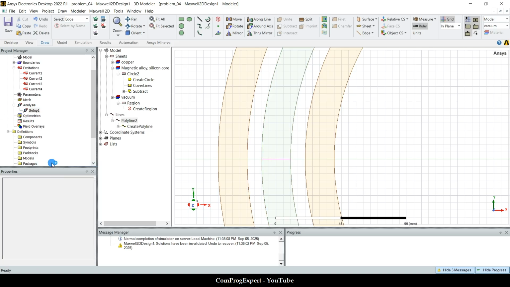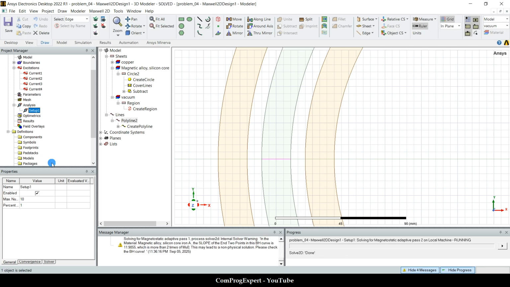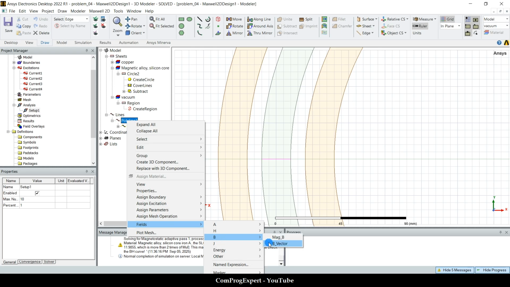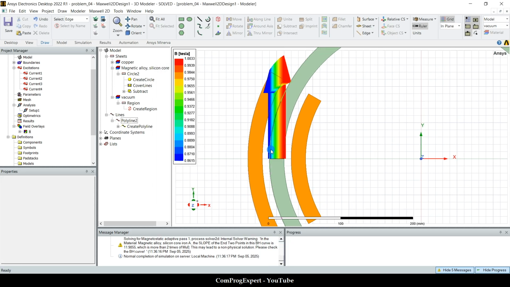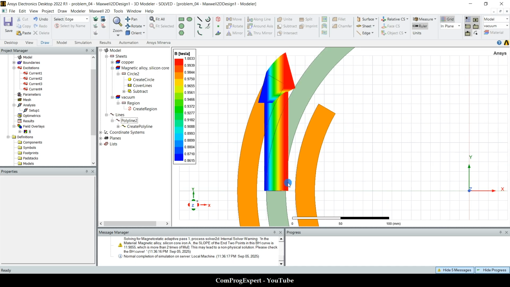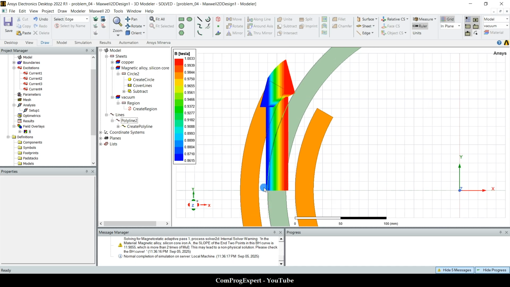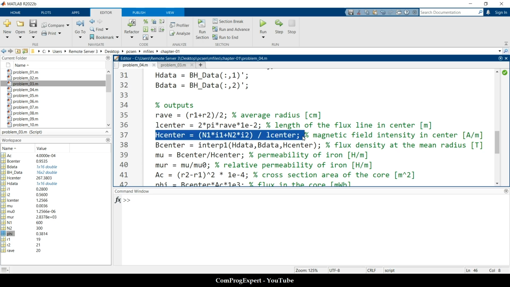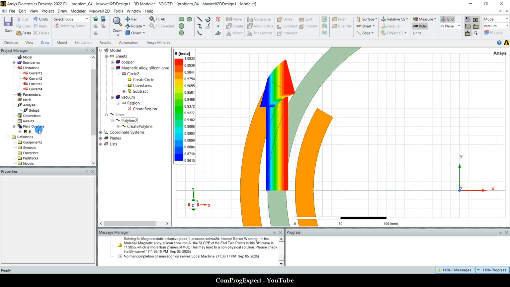So let's analyze the problem again and plot B vectors along this line. You can see the B here is high, close to the inner radius, and for the outer radius it is low. Yes, you know this, because here we use this equation for H. As long as we increase R, the length is higher, the H is lower, and the B is lower. But we calculated B at the center.